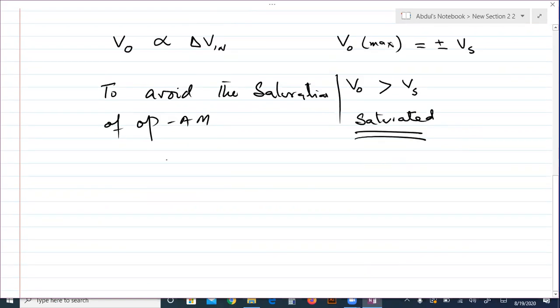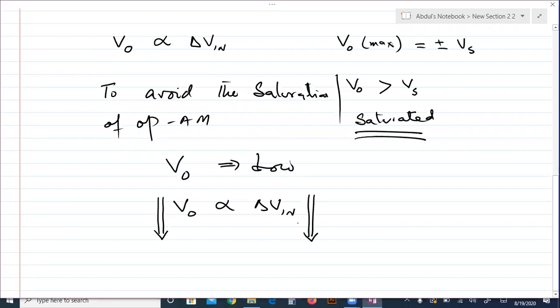We will keep this output low. Output voltage directly proportional to input. When output voltage is less, then definitely the difference between two inputs must be less.